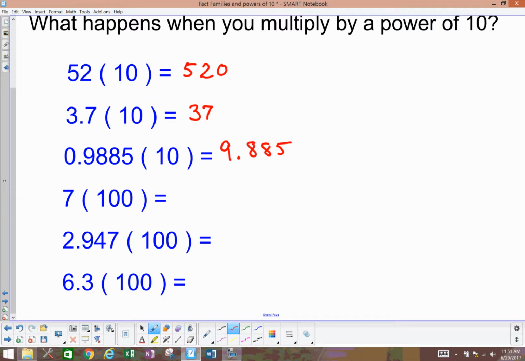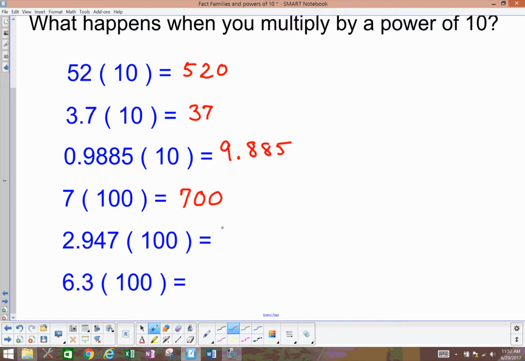Well, multiplying by 100 means that you are multiplying by 10 to the second. That's two place values. So that means the 7 will shift 2 place values. So instead of being in the ones, it needs to be in the hundreds place.